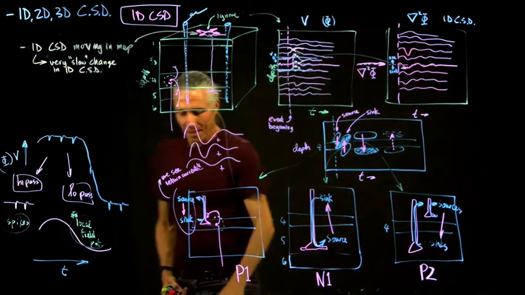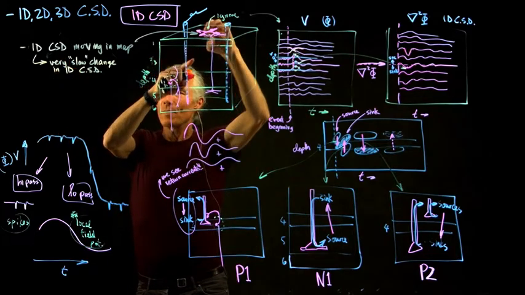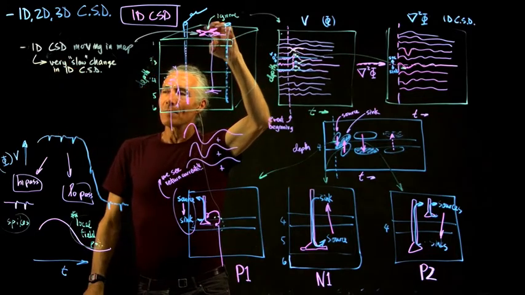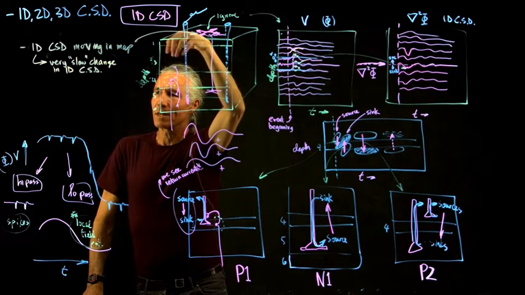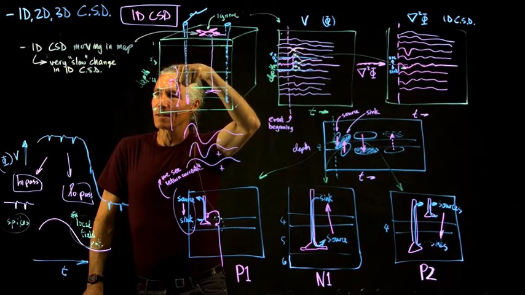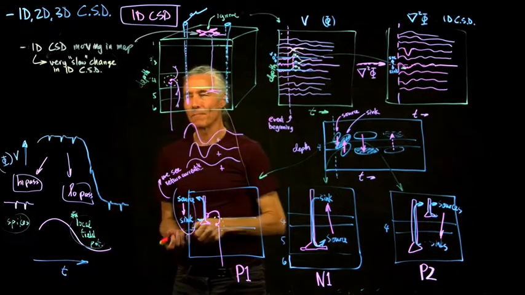So when we move in the map, we get very slight, much more gentle differences in what the current source density looks like compared to the changes we get when we go through it in this vertical direction. And so that's a fundamental observation.